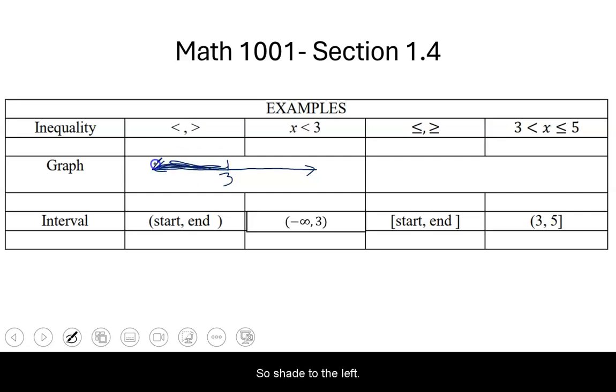So shade to the left, because you remember the mouth opens up to the bigger number. 3 in this case is the largest number, so everything else is going to be smaller. With a normal greater than or less than sign, so no line under it, that means it's going to be parentheses. So put a parenthesis on the 3 and then shade it.